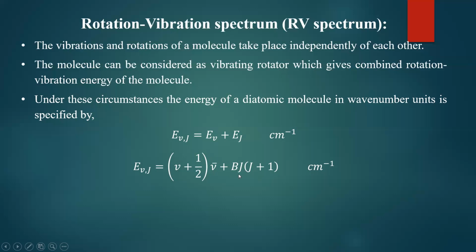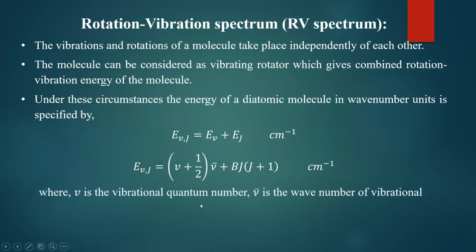Similarly, the rotational energy plus B into J into (J plus 1) is obtained, where B is called the rotational constant, having the value h divided by 8 pi square I C, and J is the rotational quantum number. So this is in terms of the wave number unit, that is, in centimeter inverse.